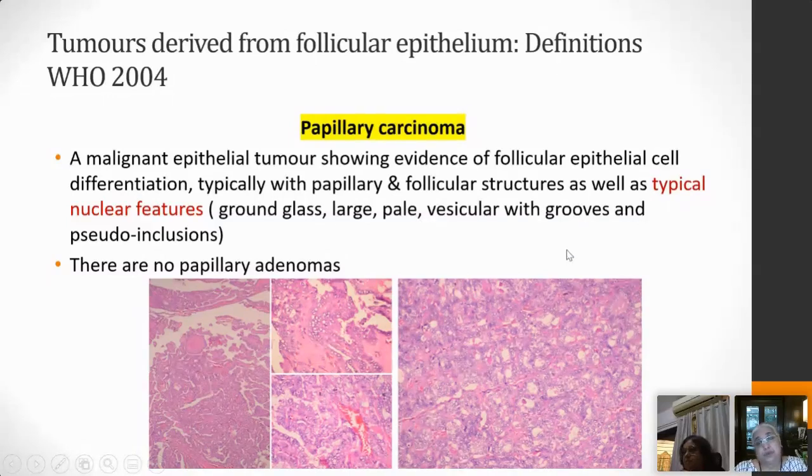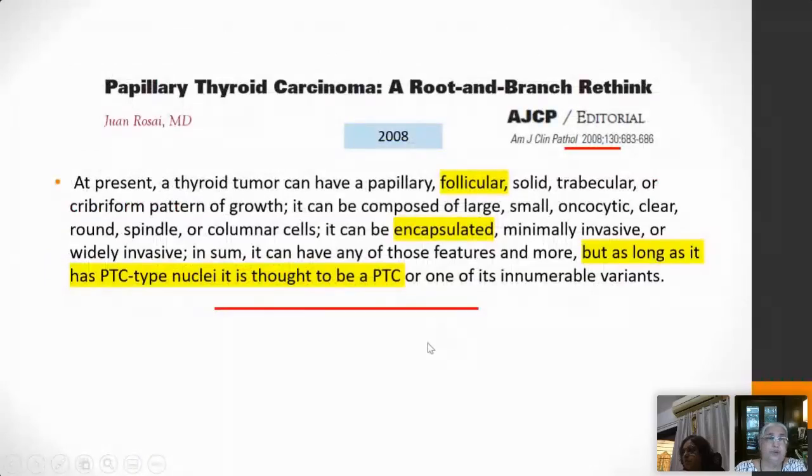And since we have been remembering Rosai these days because he passed away just a week or so ago, he wrote this very interesting editorial in which he said, at present, a thyroid tumor can have papillary, follicular, solid, trabecular, cribriform growth. It can be composed of large, small, columnar cells.